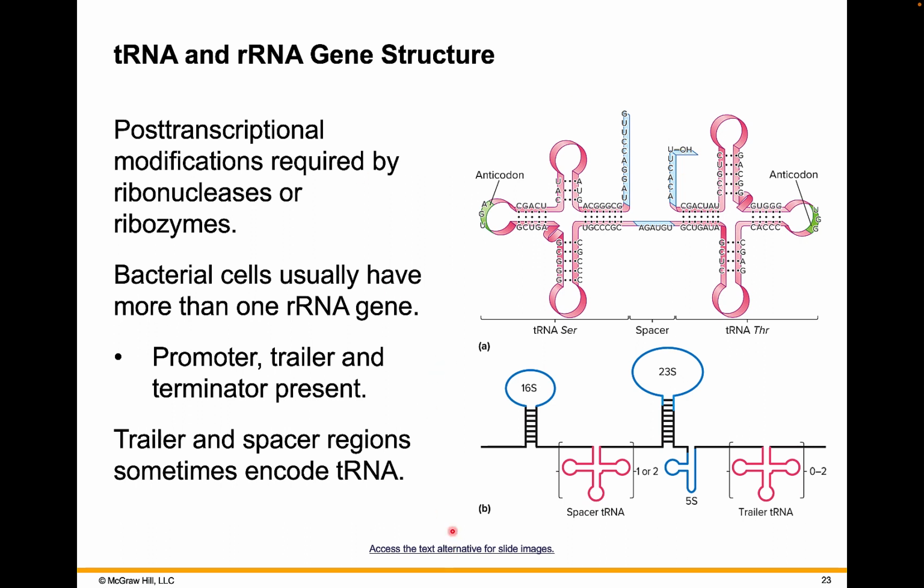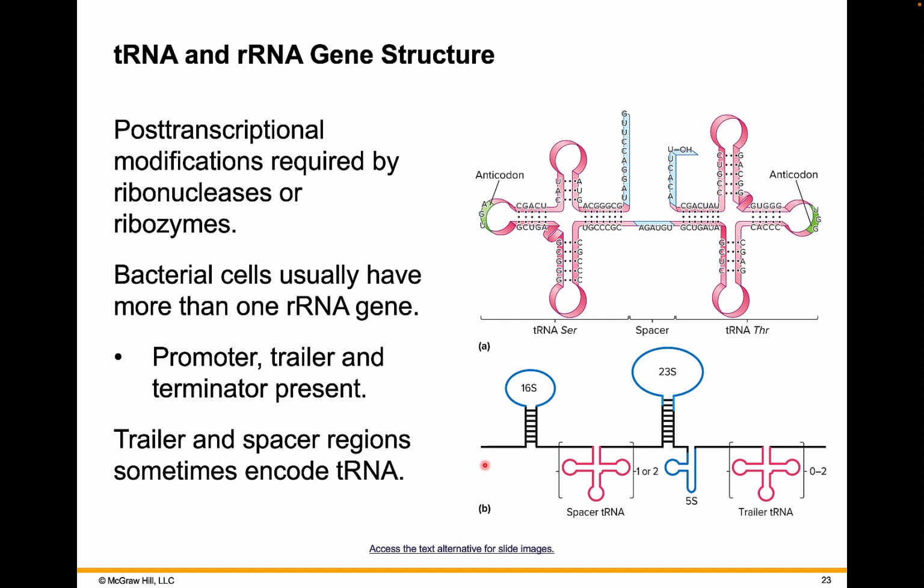Here you can see that this is a tRNA. If you have an anticodon AGU, this will put a serine right here. If you have an anticodon GGU, this will put a threonine in here. So they all correspond to that. Now you can see that this anticodon can read the codon, and the codon has to be specific for threonine or for serine, and that's how the tRNA will deliver the proper amino acid as per the codon on the mRNA.